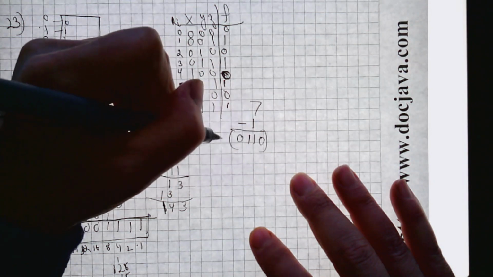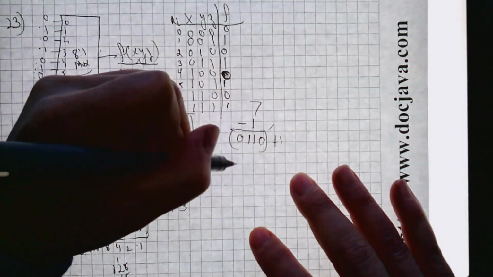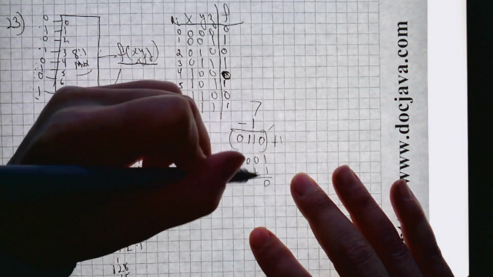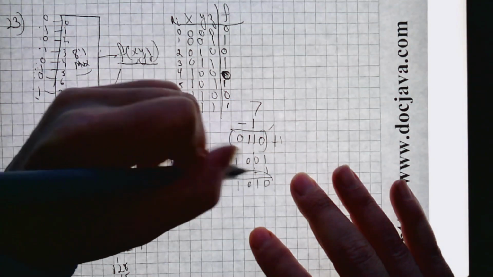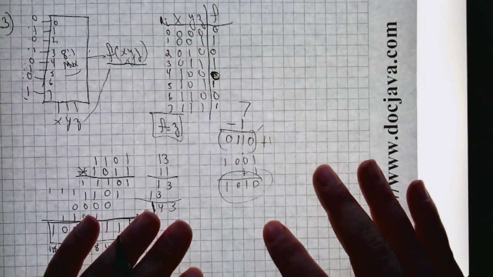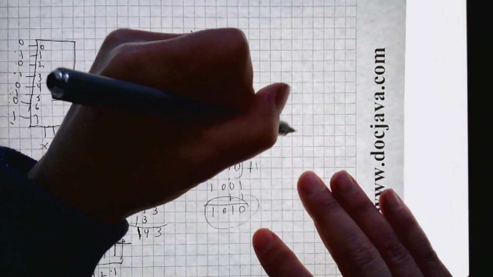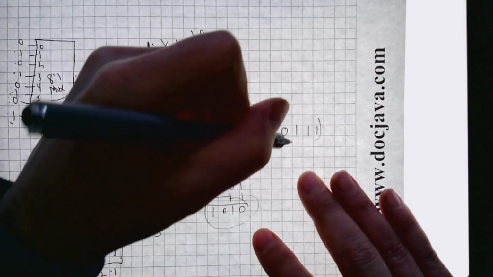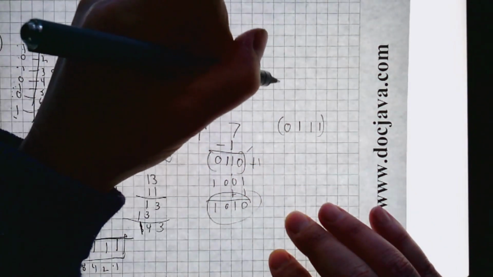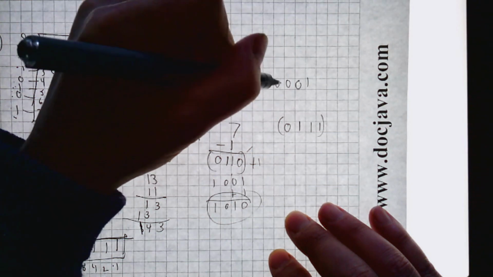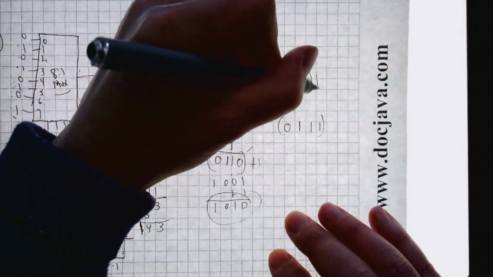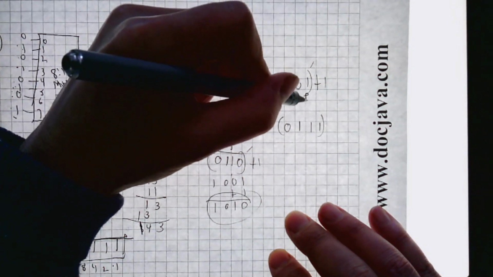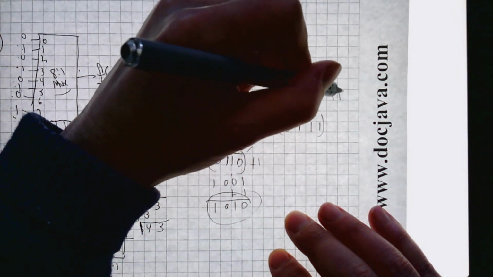I could probably negate that and get an answer, but maybe not. Let's see. 7 is 0, 1, 1, 1, and then minus 1 using 4 bits is going to be 0, 0, 0, 1 with 4 bits plus 1. So that's going to be 1, 1, 1, 0 plus 1, which is 1, 1, 1, 1.